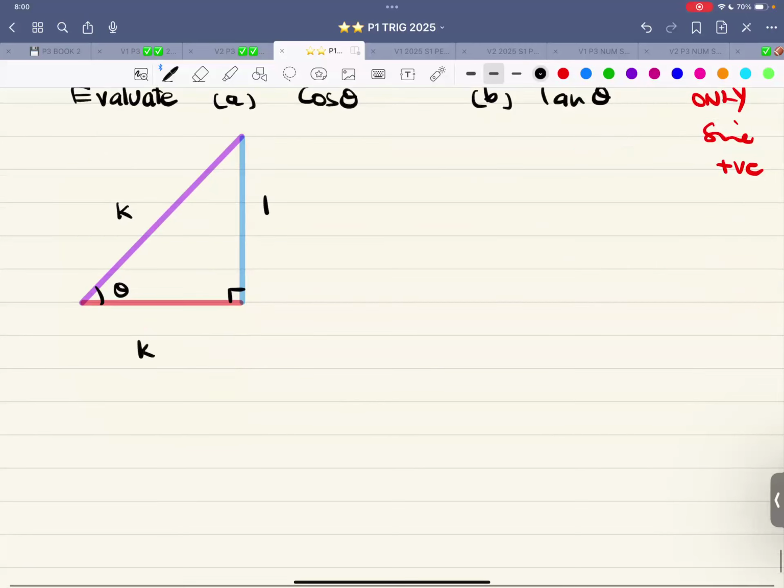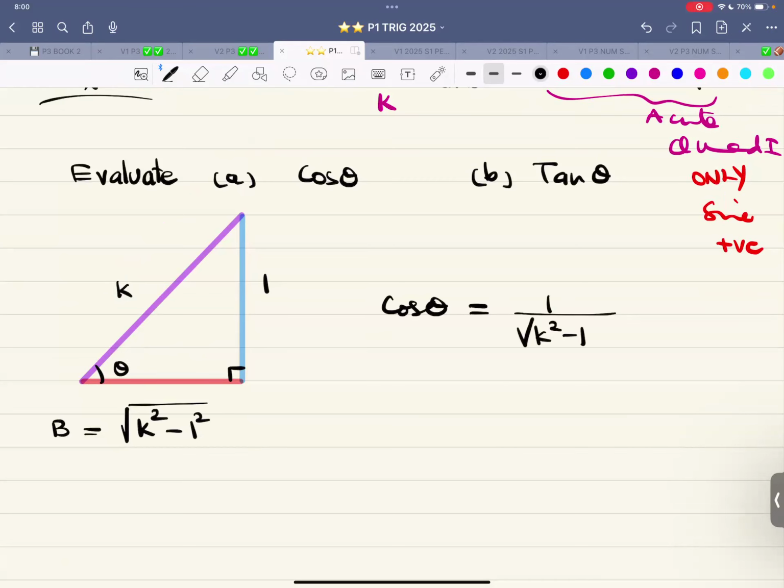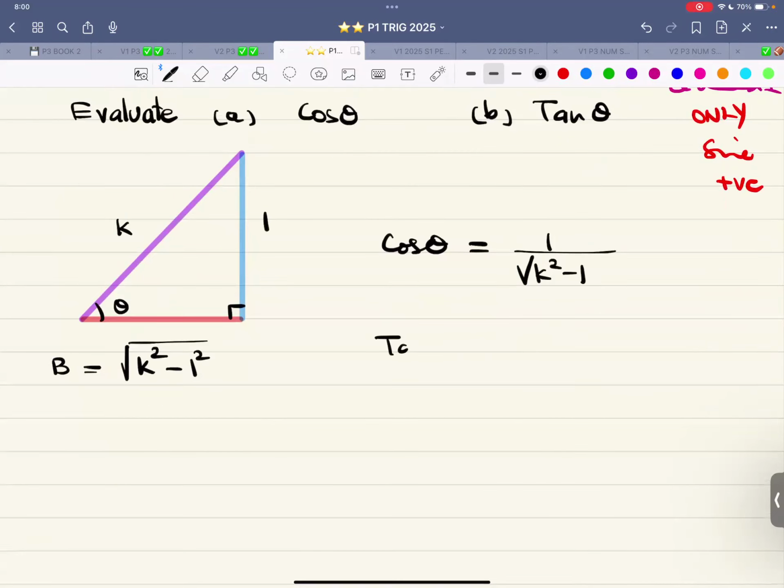Therefore, this is square root of k square minus 1 square, using Pythagoras theorem. Got the idea? That is the base. So now we are interested in cosine theta. Cosine theta is 1 over square root of k square minus 1. Tangent theta is 1 over, I think I've written that for cosine. So let me just write this thing properly.